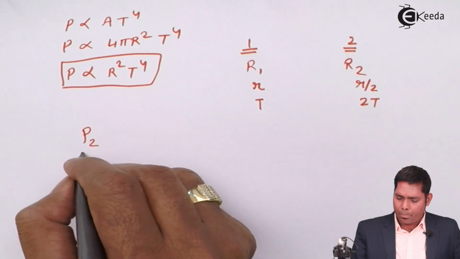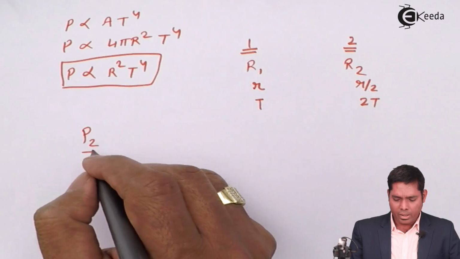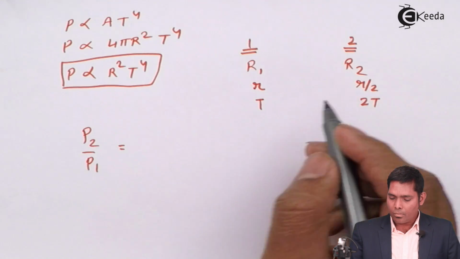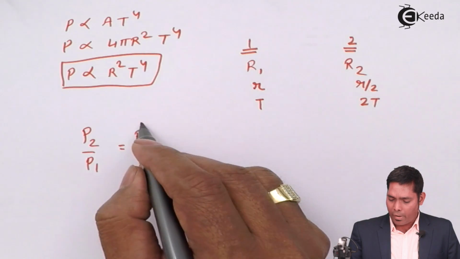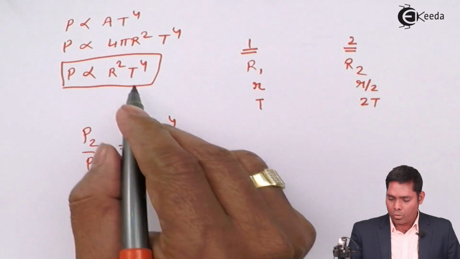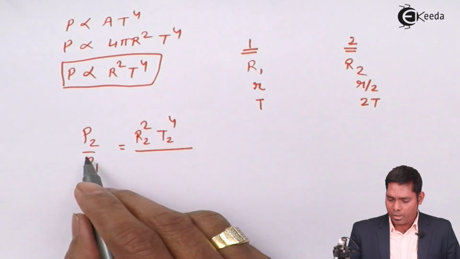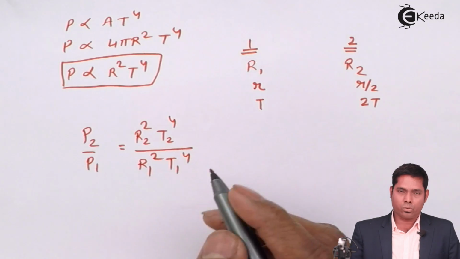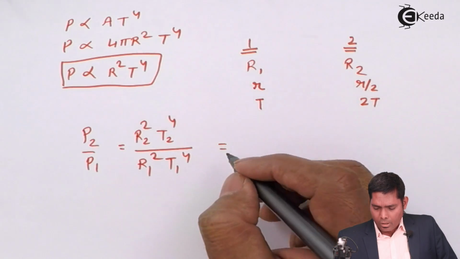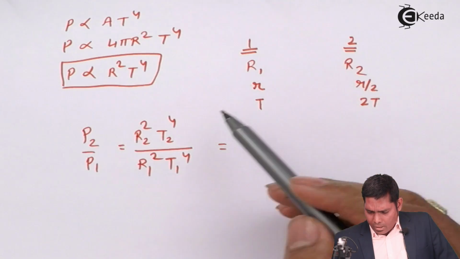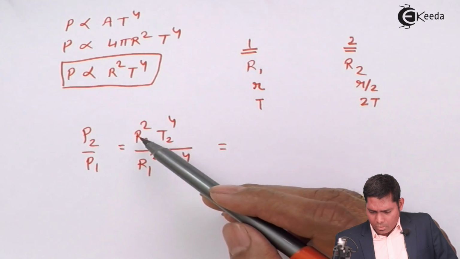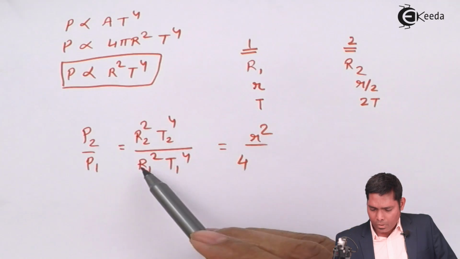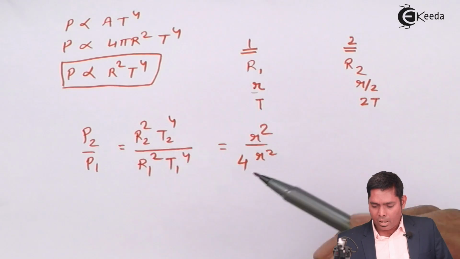So the power radiated in the second case, P2, is asked. P2 by P1 equals R2 square T2 raised to 4, divided by R1 square T1 raised to 4. R2 is half of R1, so I put R by 2 square, that is R square divided by 4, and this will become only R square.